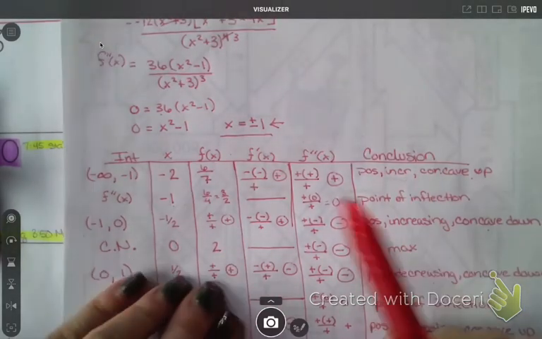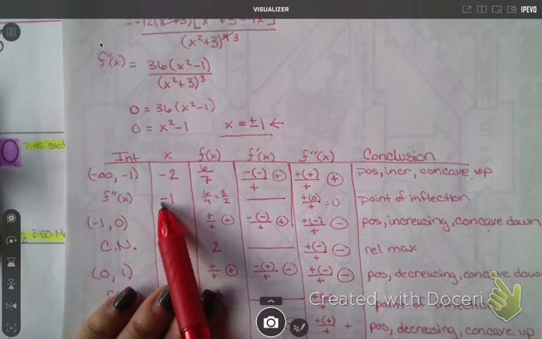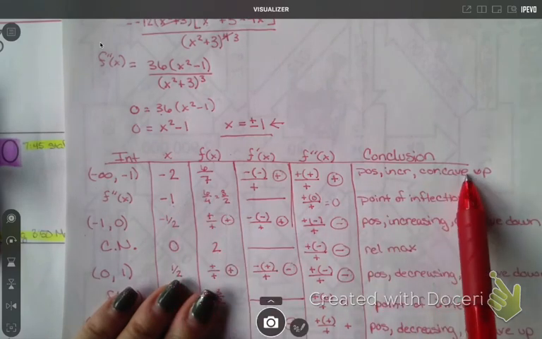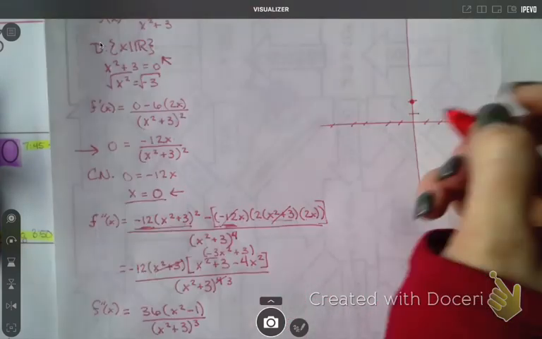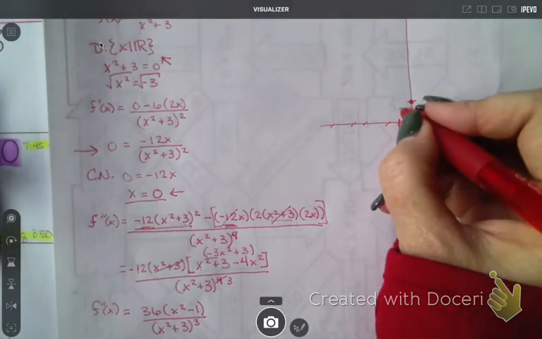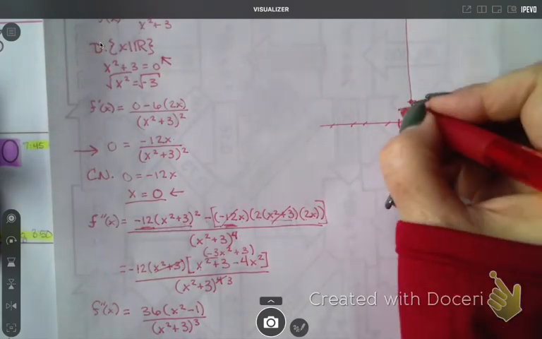I know at -1 and 3/2, it's a point of inflection from concaving up to concaving what? Down. So -1 and 3/2 would be 1.5, wouldn't it? So right here, I'm not going to put a big point, but I'm going to put a point.